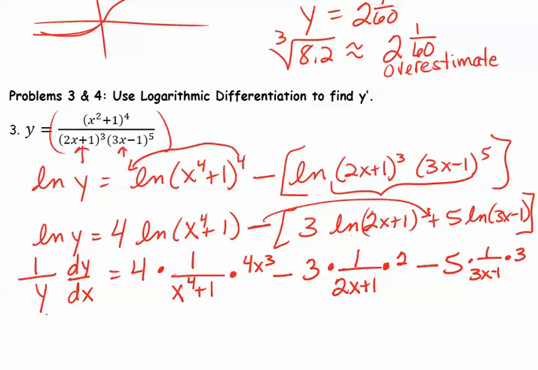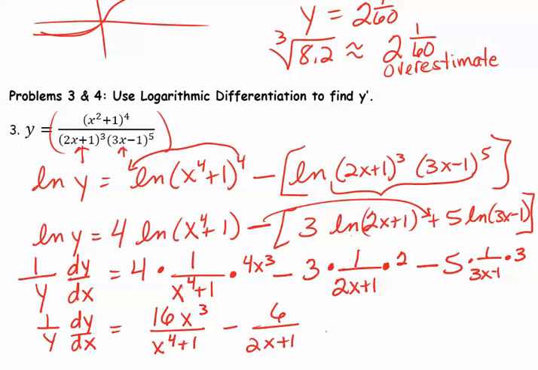So really, isn't that a whole lot simpler than doing a product rule inside of a quotient rule? So here we have 16x to the third over x to the fourth plus 1 minus 6 over 2x plus 1 minus 15 over 3x minus 1.